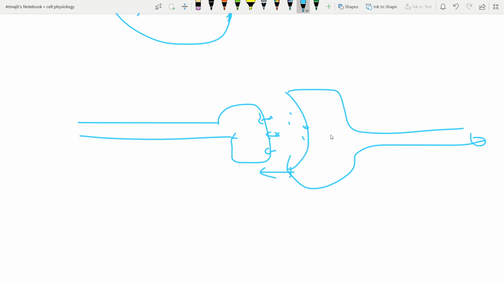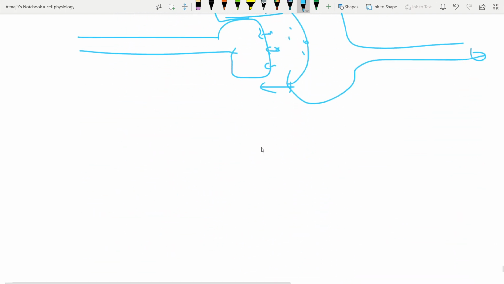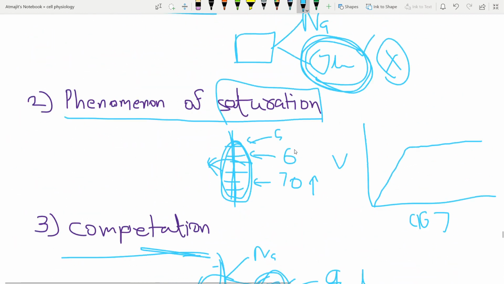So it is called neurotransmitter release, for example acetylcholine. So we discussed how these substances are moved through the cell membrane.